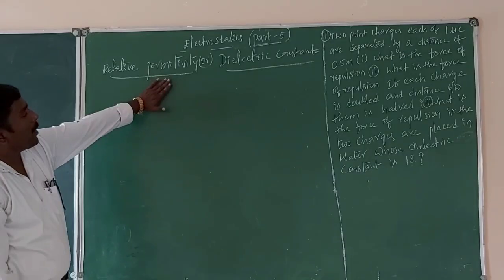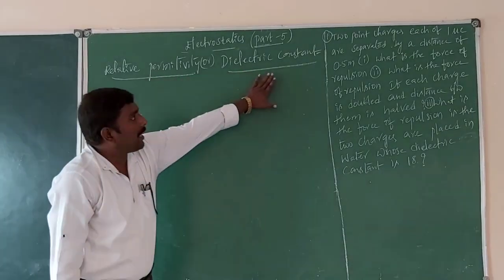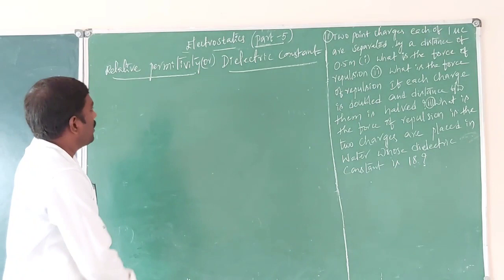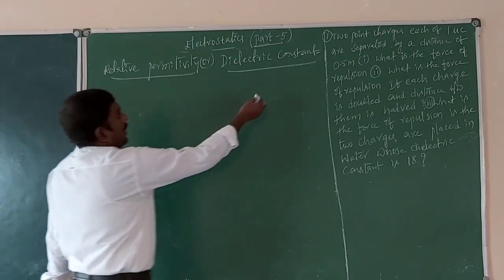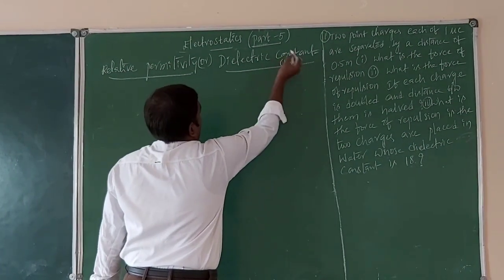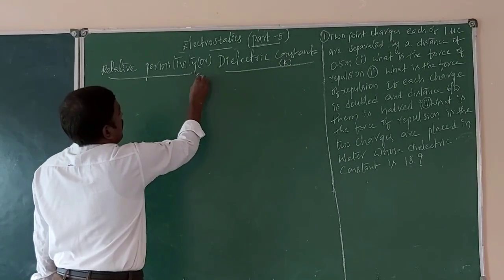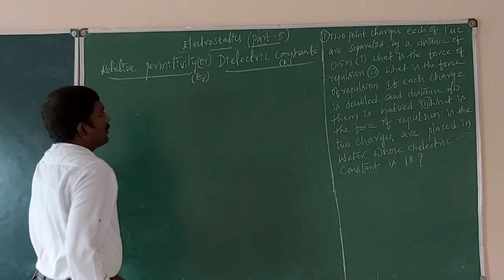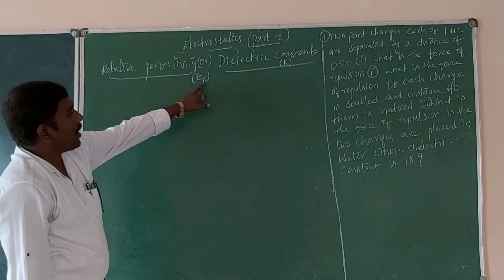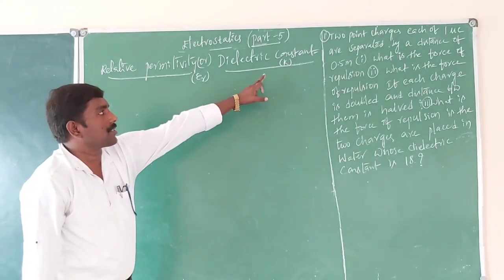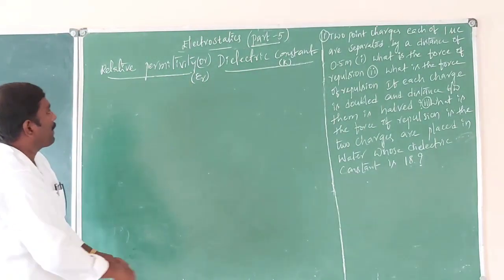See, relative permittivity or dielectric constant, represented by letter K or epsilon R. Relative permittivity epsilon R or dielectric constant K.